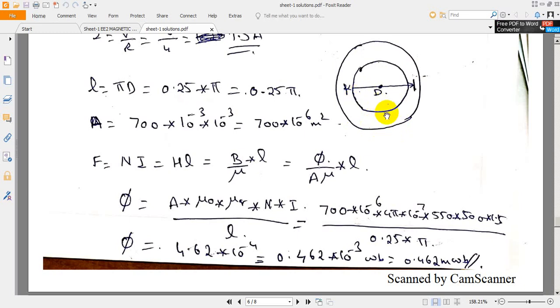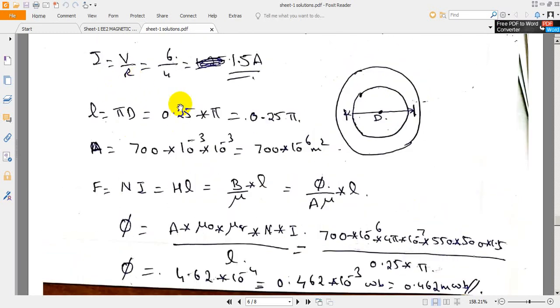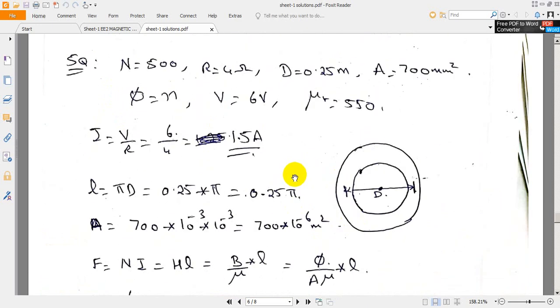If you are considering radius, it will be 2 pi into radius. If you are considering diameter, it will be pi into d. What is d? From this point to this point. So length is pi into d, where d is 0.25. It is given in the problem.